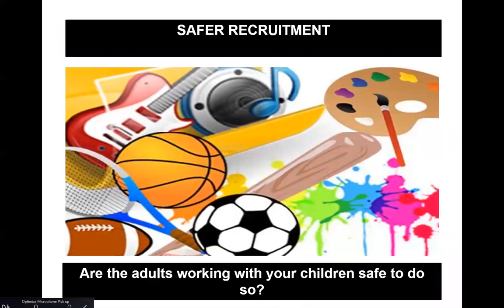A key area which contributes to keeping children safe is safer recruitment. Simplified, it's the responsibility of the head of school to be sure that the adults who work with the children are appropriate and fit to do so. So what does this mean in practice?